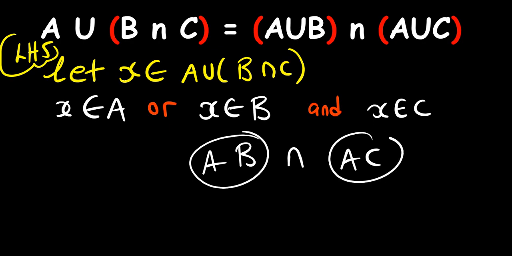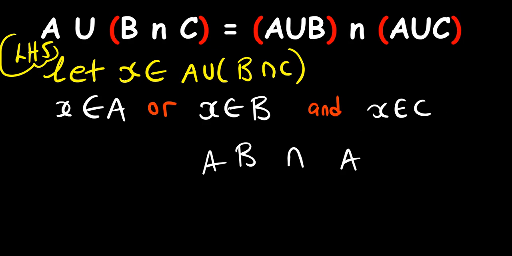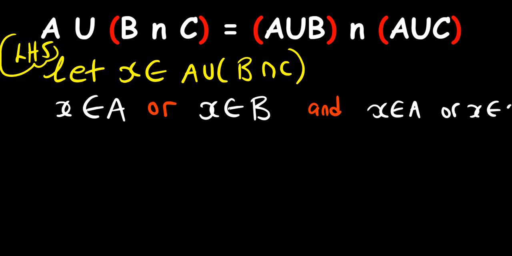So that's why I'm saying this last part we can also separate it in terms of A and in terms of C. So what are we going to have? Allow me to write it as x is a member of A again, or x is a member of C. That's how we've separated them.